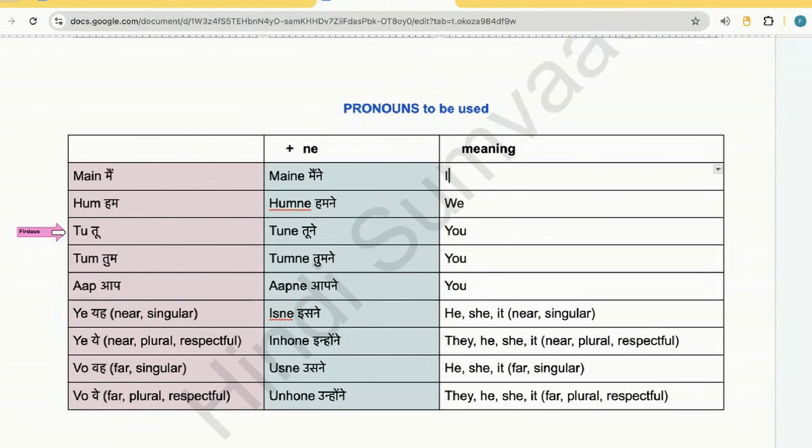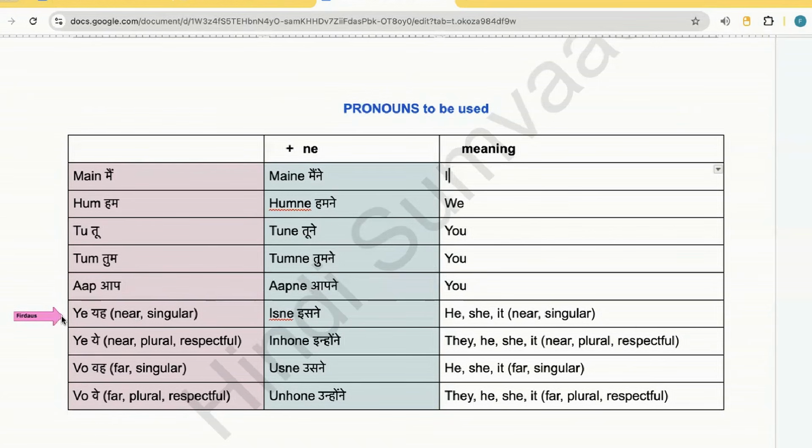Then to address second person, you have tu, tune, meaning you. A direct way to say you. Tum, tumne, also meaning you. A less direct way to say you. And aap, aapne, also meaning you. And this is a respectful you.